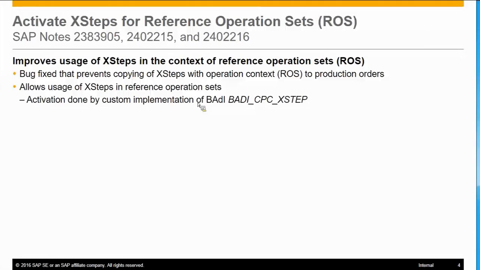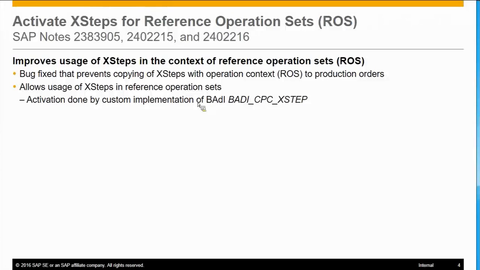But we also then came to the conclusion that it makes sense to at least allow the usage of the XSteps in our reference operation sets, because most of the implemented coding parts that exist could be reused, and it was only a minor step to get this functionality active again.